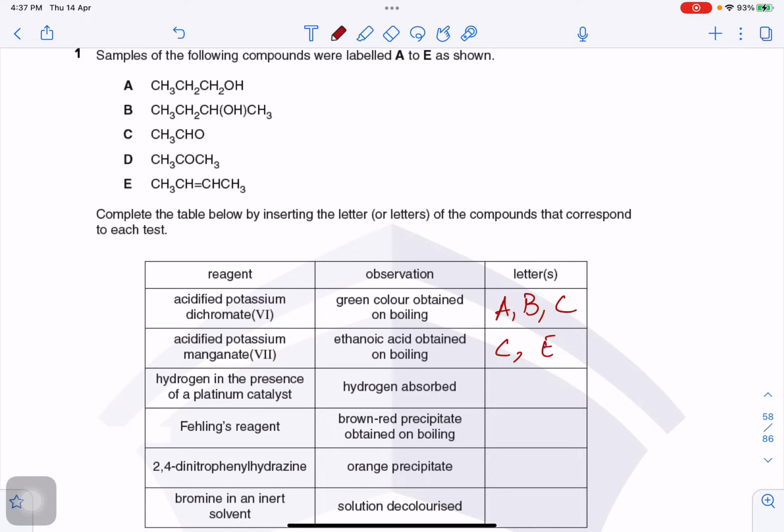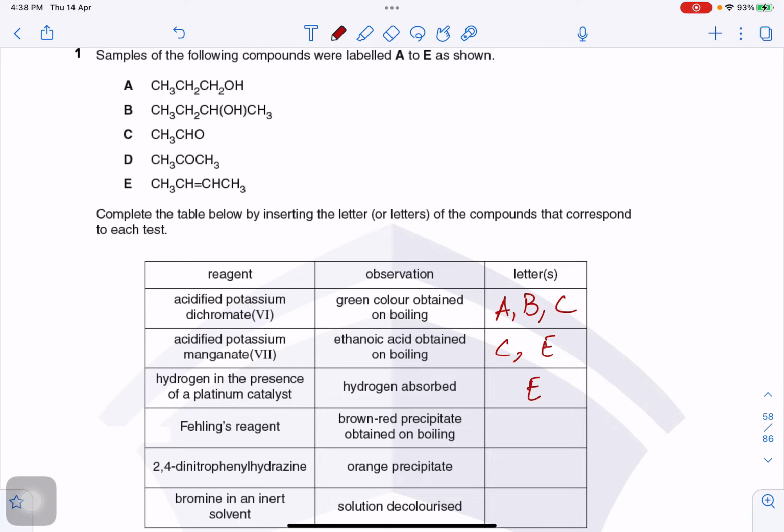Hydrogen in the presence of a platinum catalyst. Hydrogen in the presence of platinum will reduce the compound, especially the one with a double bond, so that's going to be E. You will get butane from that. Fehling's reagent, it goes blue to red, and that's because it has copper 2, but then it goes to copper 1 because it's a weak oxidizing agent.